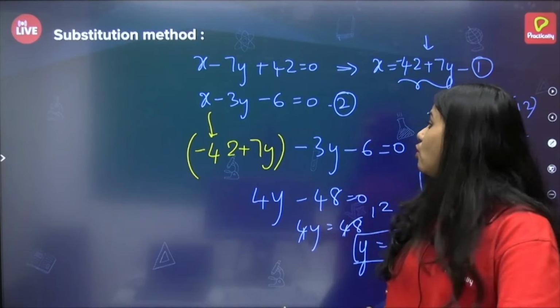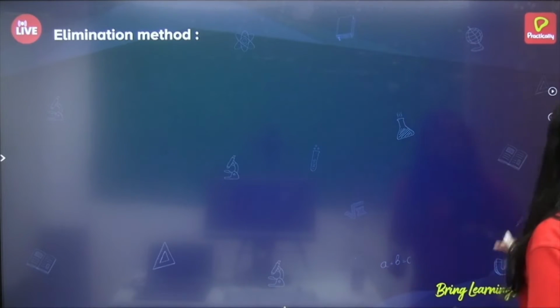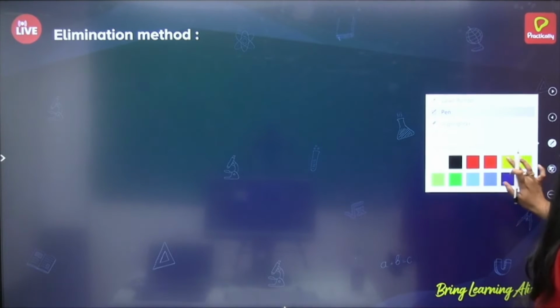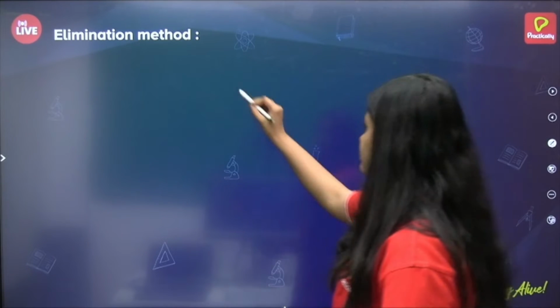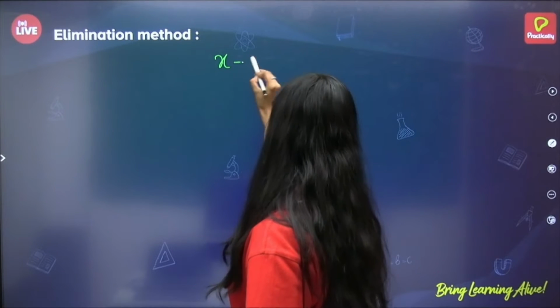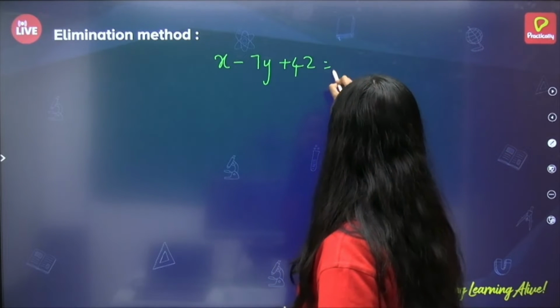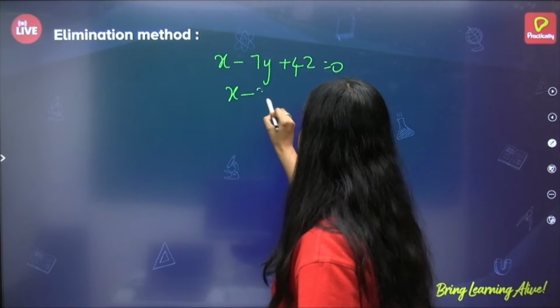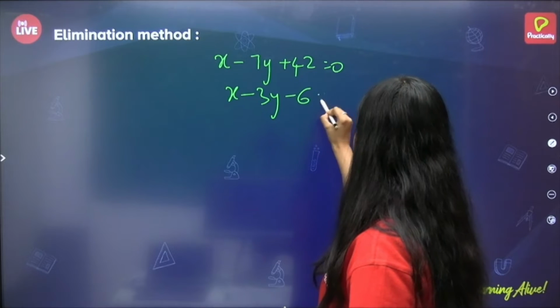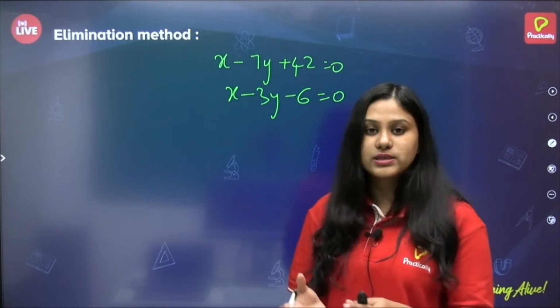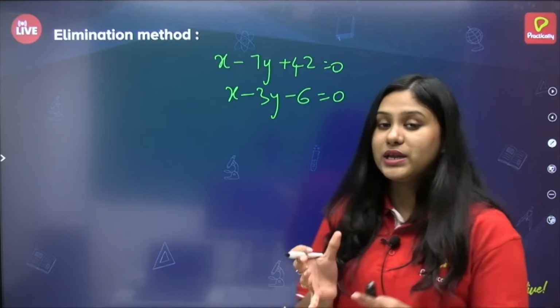Now, let me move on to the elimination method, okay? Let's take the same example, because you'll understand. x minus 7y plus 42 equals 0 and x minus 3y minus 6 is equal to 0. Correct? This is our example. Now, elimination.